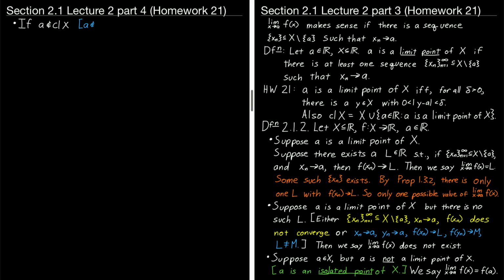So A is not in X, A is not a limit point of X. So in that case, there's sort of nothing for your limit to be. There's no natural value for it, so we just say in that case there isn't a limit.